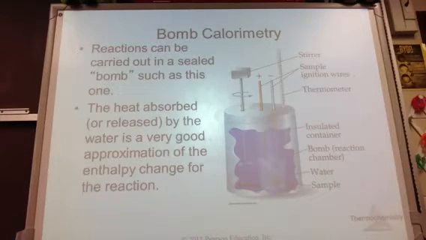If the temperature decreases, if I see a drop in temperature, that would mean that the system needed to absorb energy from the water, which would mean that my delta H or Q value would be positive, and that would make it an endothermic reaction. So just to review those signs and those terms, just to make sure that we're on the same page.